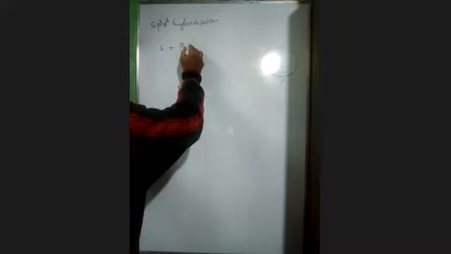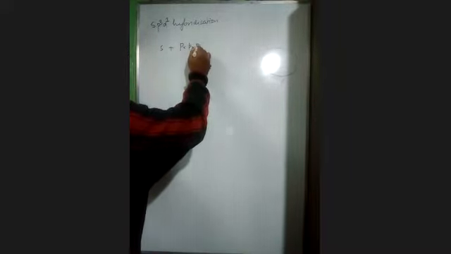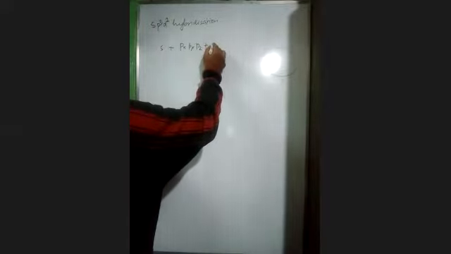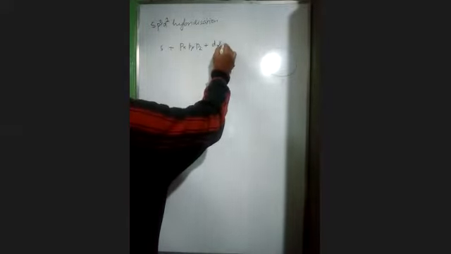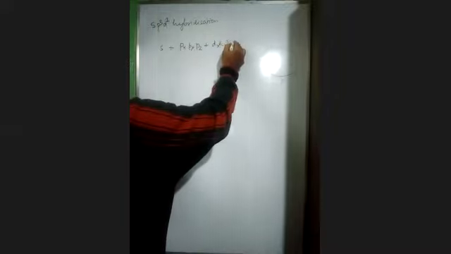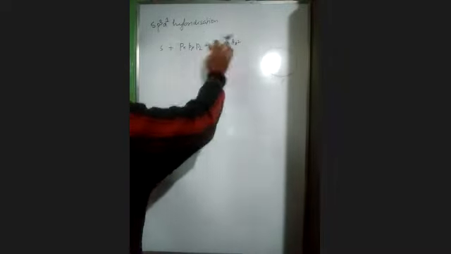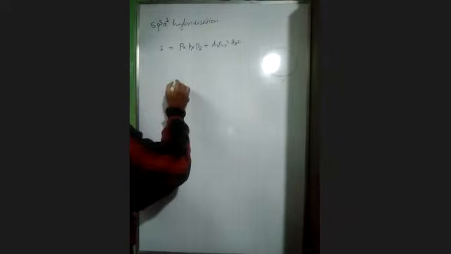So it will be s, px, py, pz, then dx square minus y square and dz square. So how many orbitals is that? 1, 2, 3, 4, 5, 6. Okay, it will look like this.